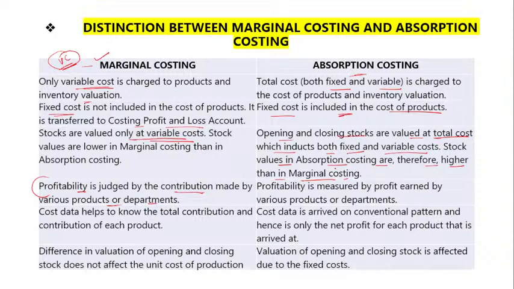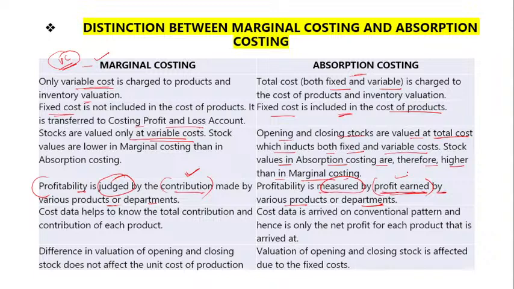But in absorption costing, profit is measured by the profit earned by the various products and departments. So in marginal costing we are just calculating the contribution, and in absorption costing we can calculate how much profit they earn.